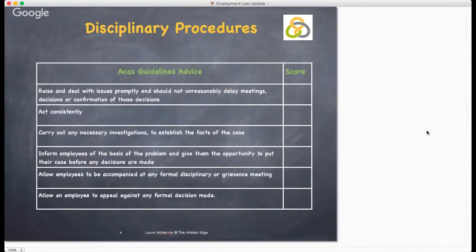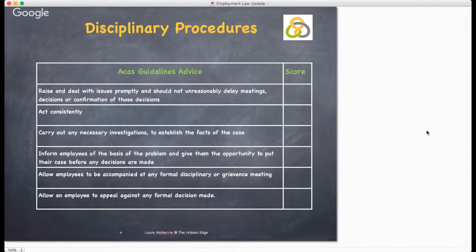Throughout any disciplinary or dismissal procedures, the ACAS guidelines advice suggests that you should raise and deal with issues promptly and should not unreasonably delay meetings, decisions, or confirmation of those decisions. You should act consistently. You should carry out any necessary investigations to establish the facts of the case.